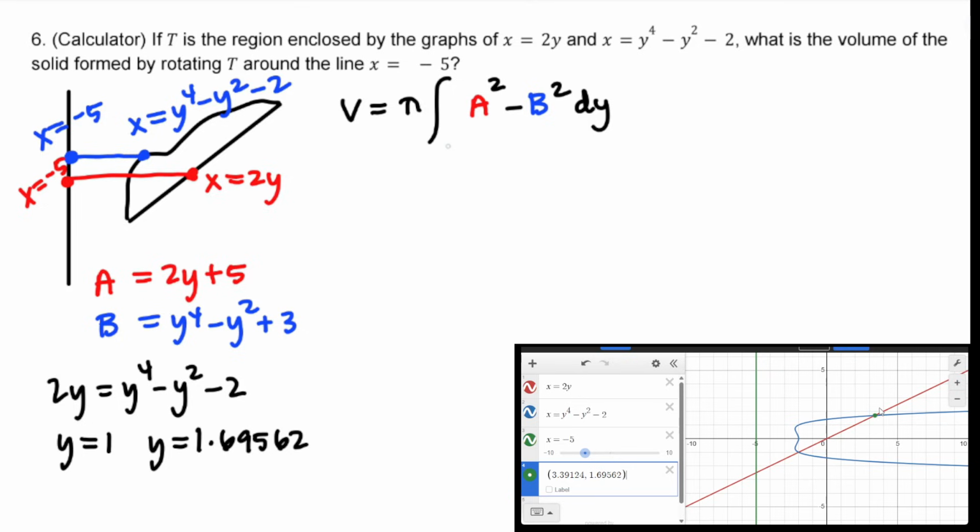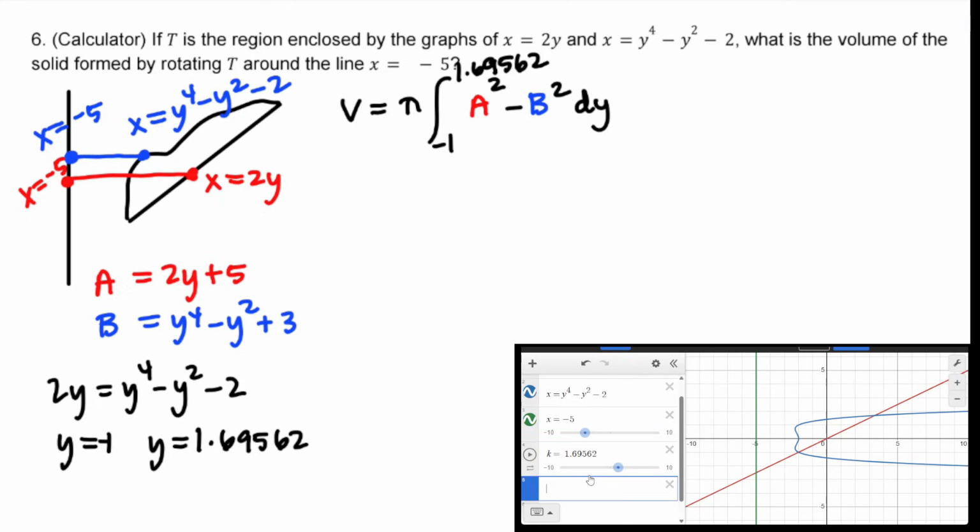Okay. -1. All right, and then I'm going to just store that in the calculator as b. Maybe I'll call it k.